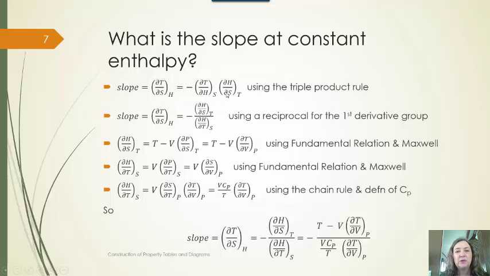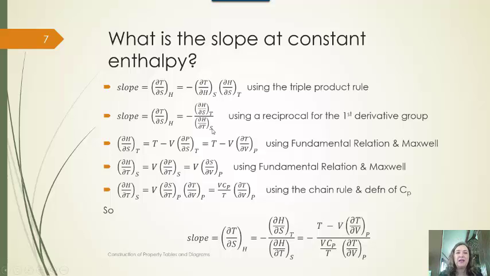The triple product rule gives me this result. This is okay, but everything I know is going to be like dH/d something. So let's reorder this by using the reciprocal: dH/dS at constant temperature over dH/dT at constant entropy.